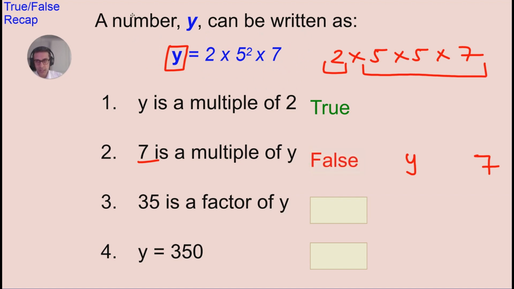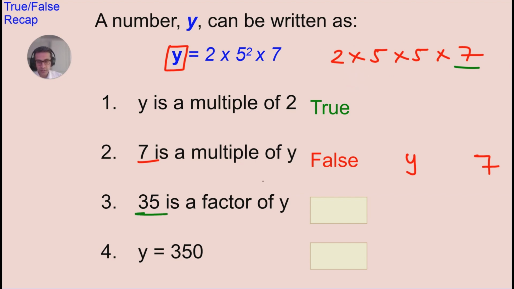35 is a factor of y. Now, because we don't know what the original number is, we're going to be using this breakdown here to figure out, can we make 35? We know that 2 is a factor. We know that 5 is a factor. We know that 7 is a factor. But we can also multiply these numbers together to make other factors. For example, 2 times 7, 14. 14 is a factor because that's a number that fits into this. 2 times 5, which is 10. 10 is a factor.